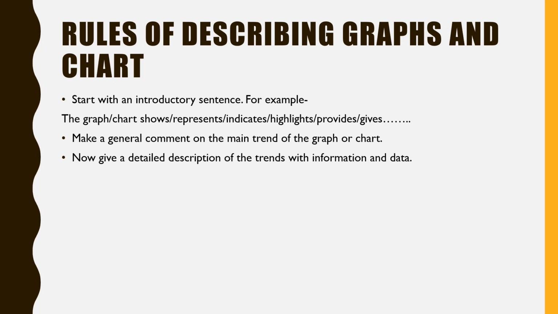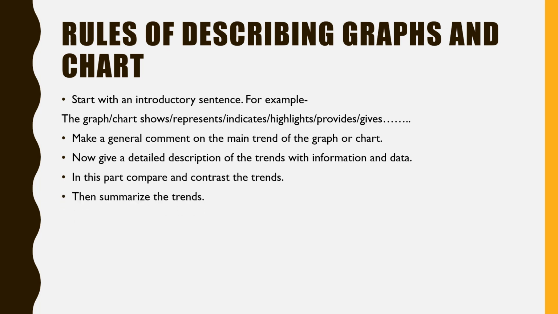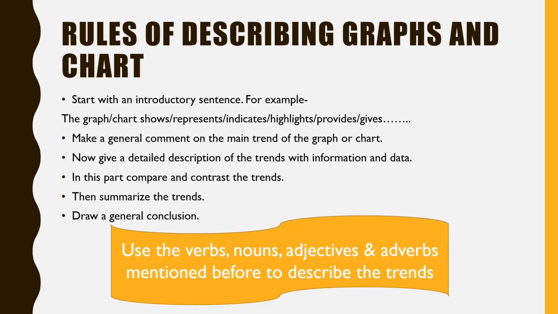Now, give a detailed description of the trends with information and data. In this part, compare and contrast the trends, then summarize the trends, and then comes the conclusion. It may be a general conclusion. Most important is to use the verbs, nouns, adjectives, and adverbs mentioned before to describe the trends properly and accurately.